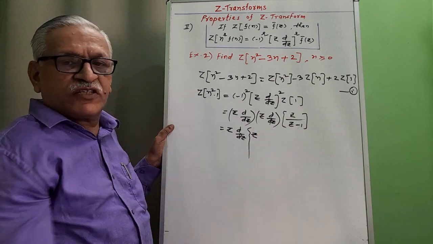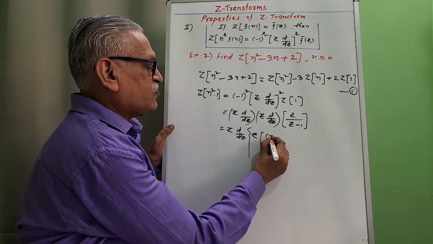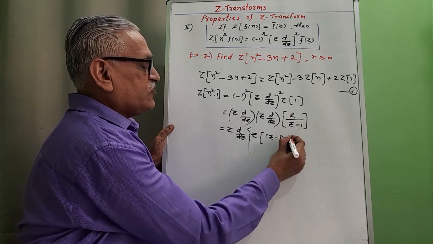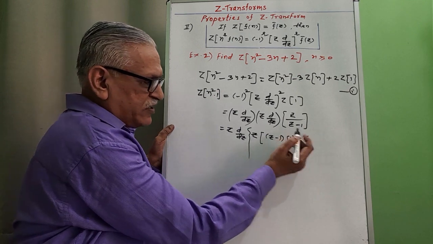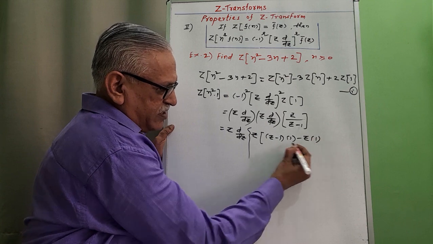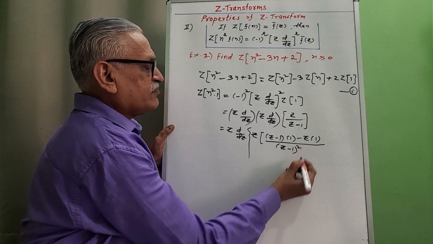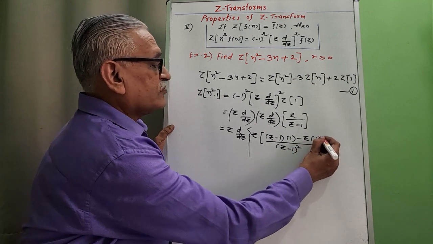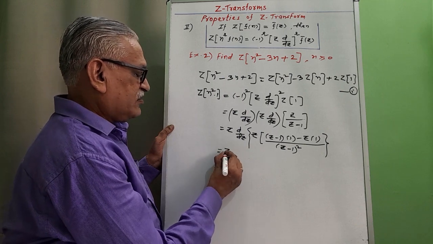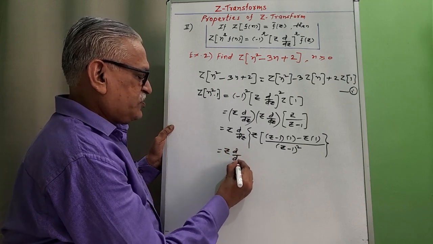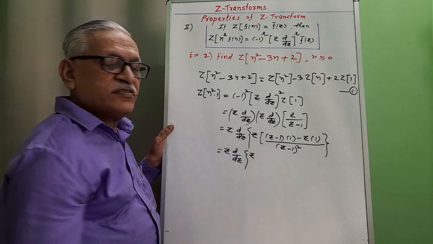And differentiating it with respect to z by the quotient rule, it is z minus 1, derivative of z is 1, minus z, differentiation of this z minus 1 is 1, and the whole divided by z minus 1 whole square. It is z d by dz, no change. Outer z as it is.